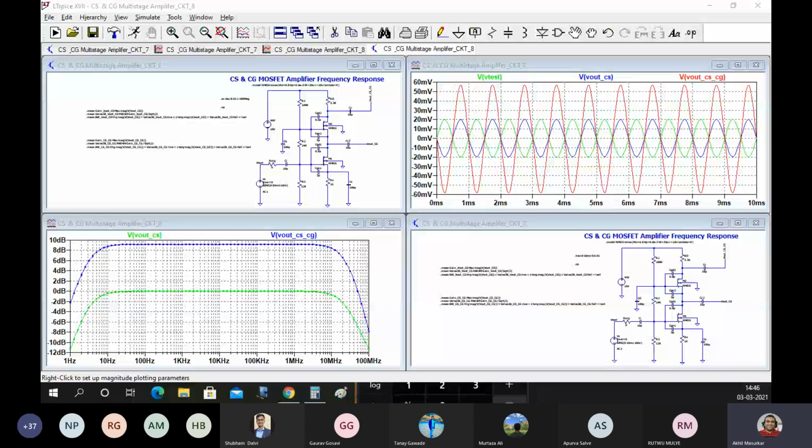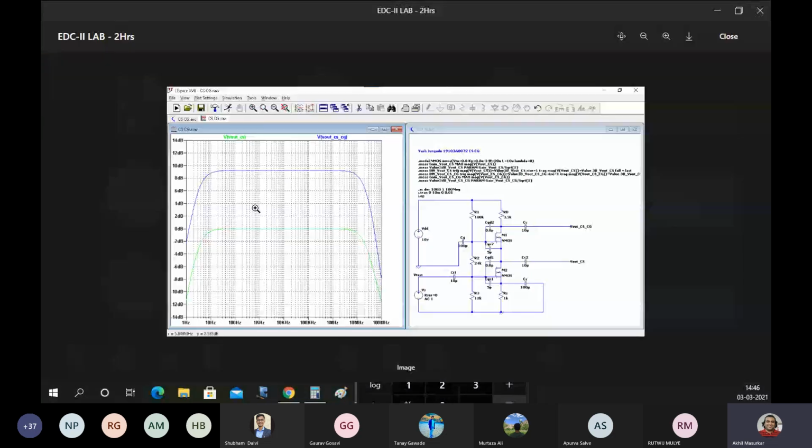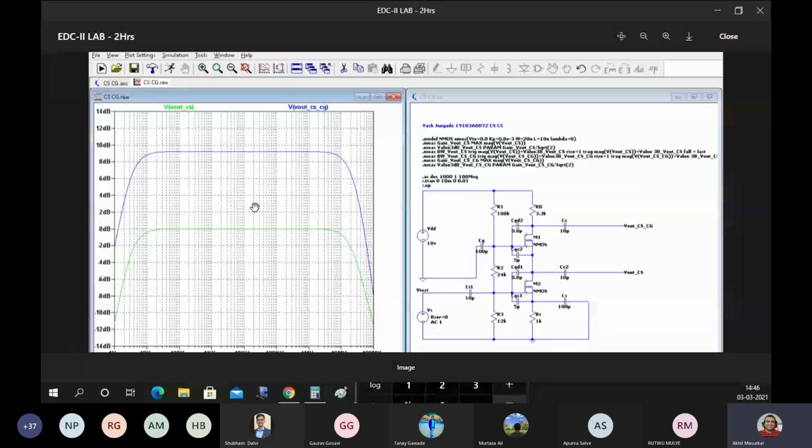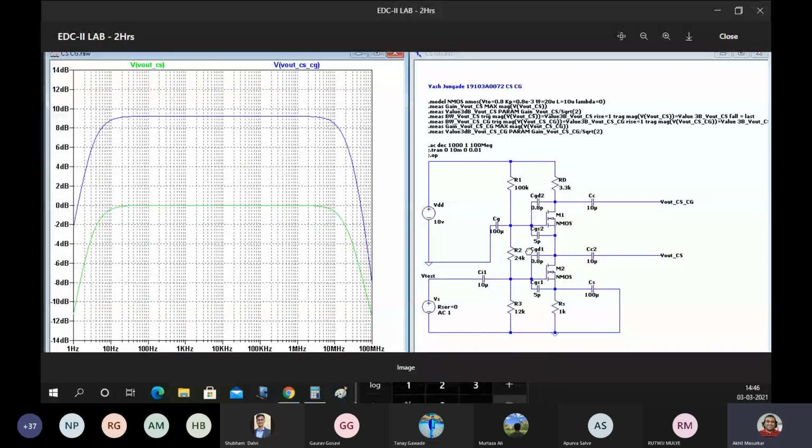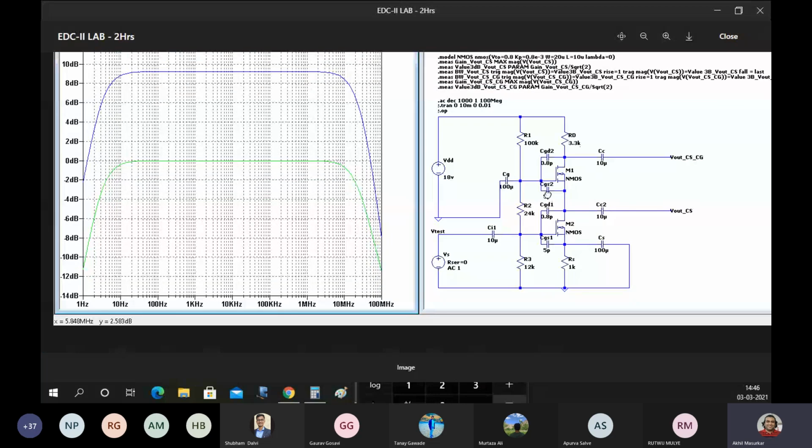Okay, let's see Yash. What has Yash done? Okay, this connection is correct, but it looks a little bit weird. So output is perfect.